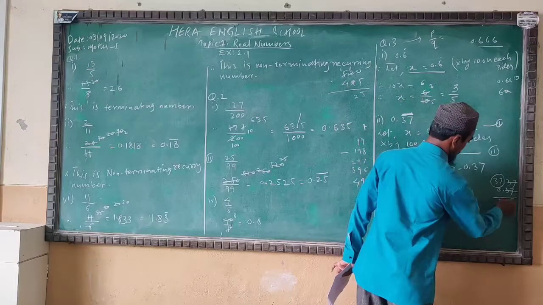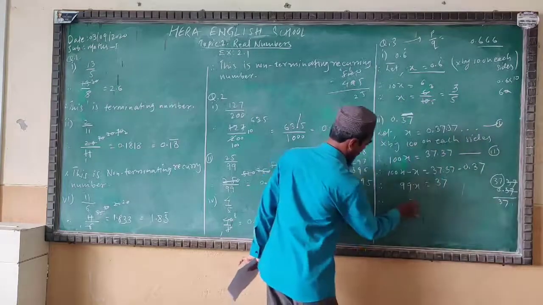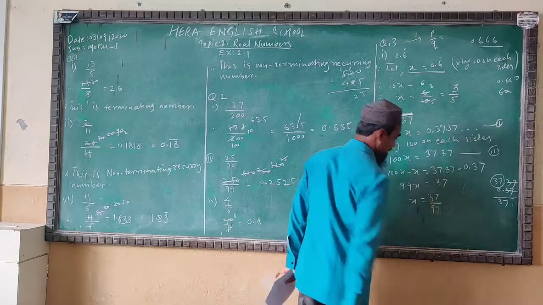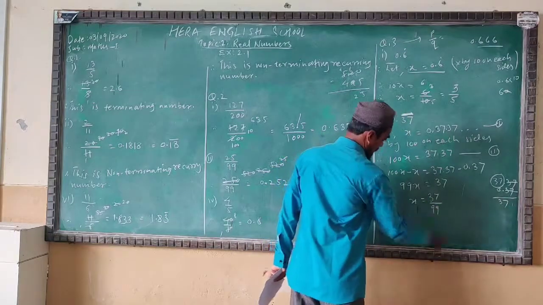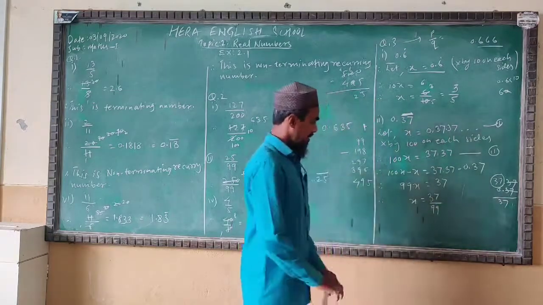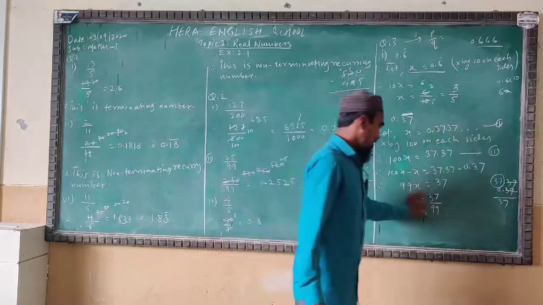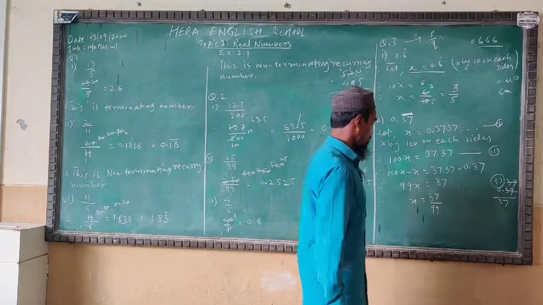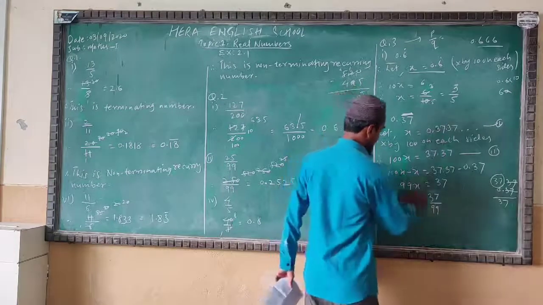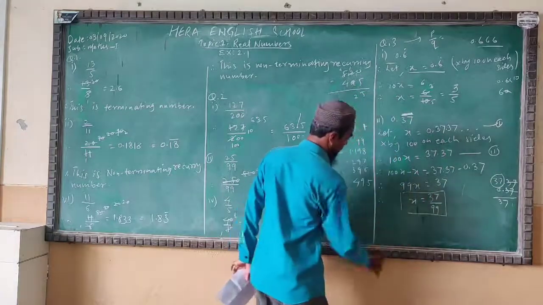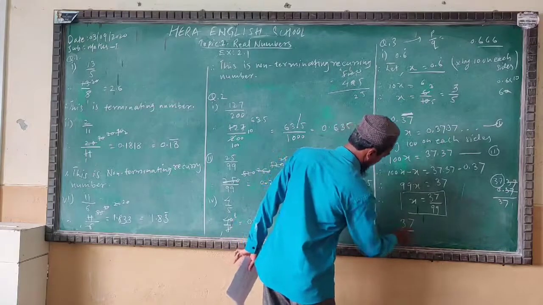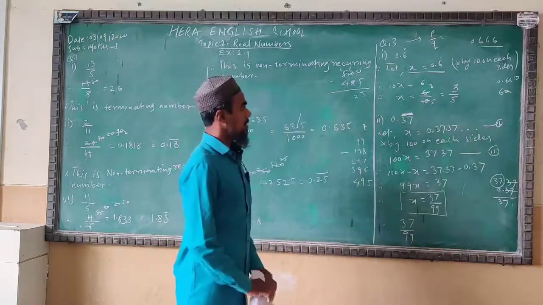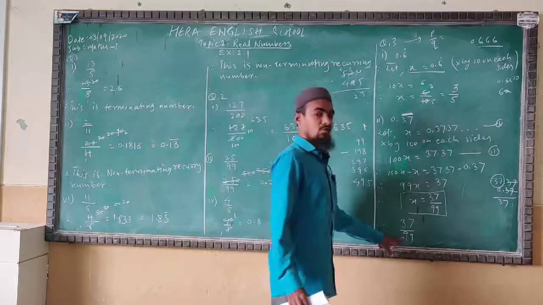Therefore x is equal to 37 divided by 99. This is not divisible further, so the answer is the fraction 37 upon 99. Everyone got it? This is your answer.